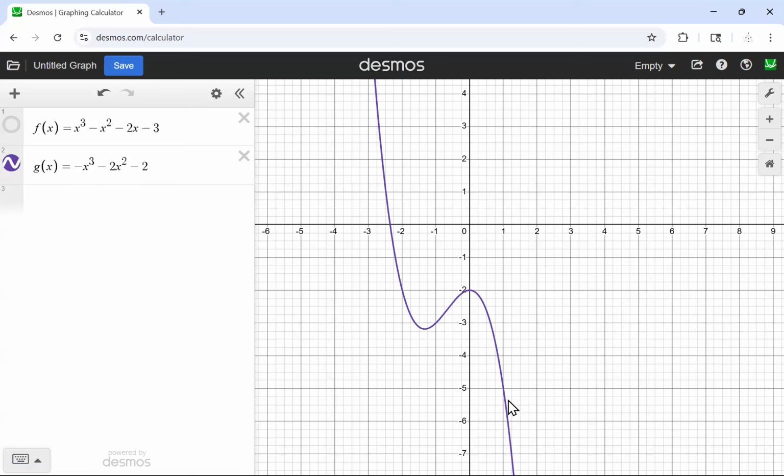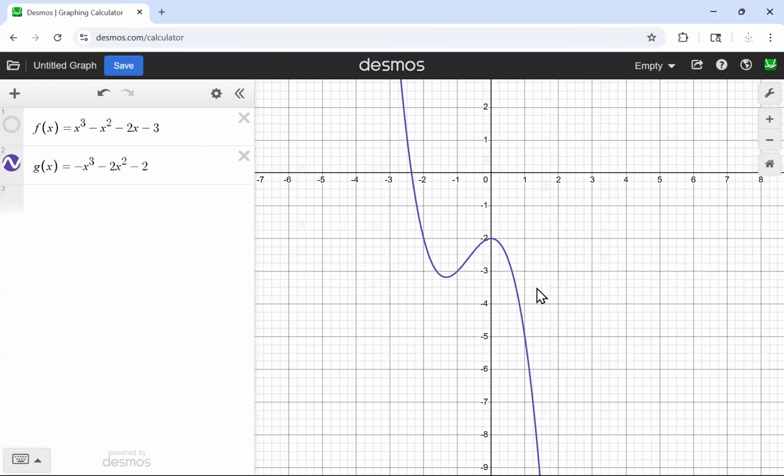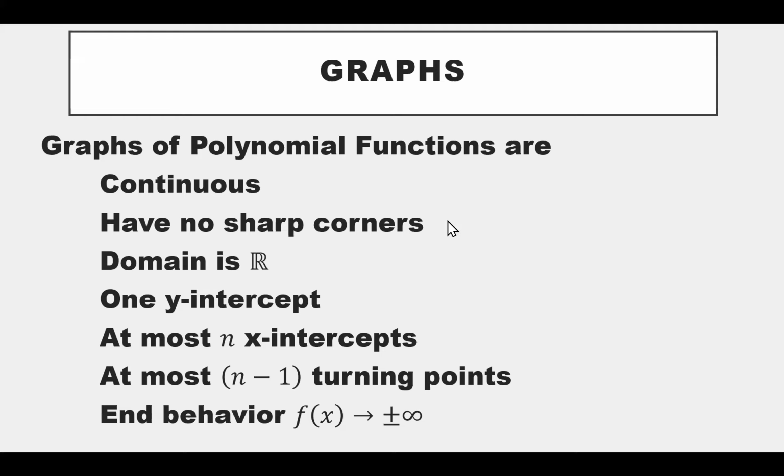As you move to the right, the graph shoots down to negative infinity. So these are really nice features of polynomial functions. If I know my function is a polynomial function, I know it's going to have these really nice features.